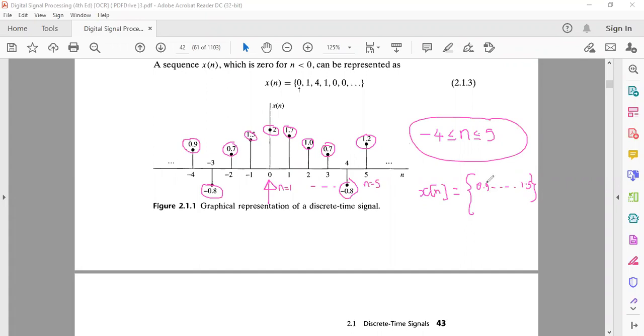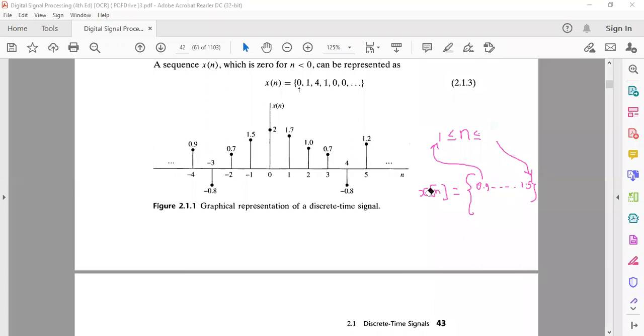Everyone will know that at position negative 4, the function x[n] is 0.9, while at position 5, the function has a value of 1.5. That is actually how these discrete signals can be represented.